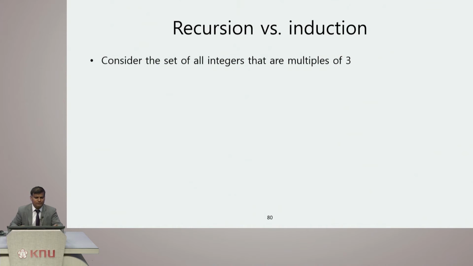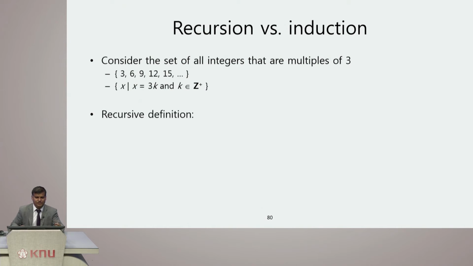Consider the set of all integers that are multiples of 3. You have this set given to you with 3, 6, 9, 12, 15 and so on. So we say that x equals 3 times k, and k is an element of Z positive, that is, a positive integer.